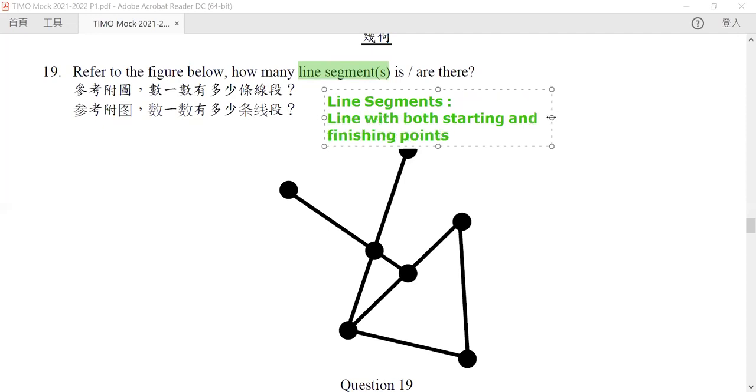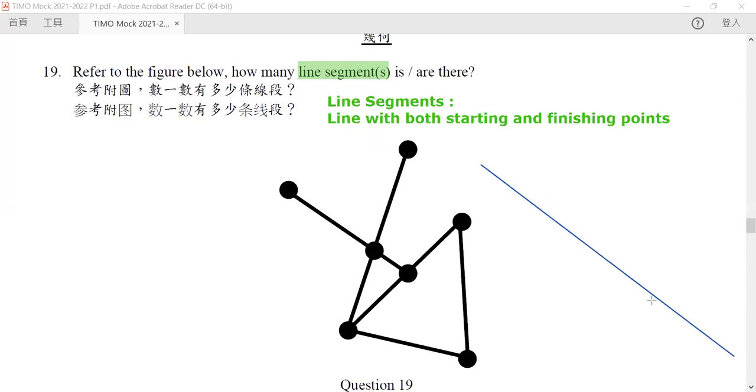Now, usually if I just give you a line, it will not have any starting and finishing point. Although if we draw a line, it must start from somewhere and end somewhere, usually when we are saying line, we mean a line which is of infinite length. It will extend all the way to places outside of the screen.